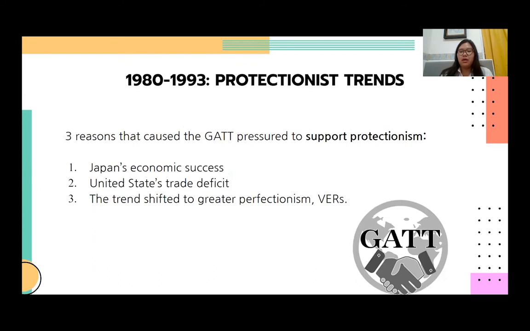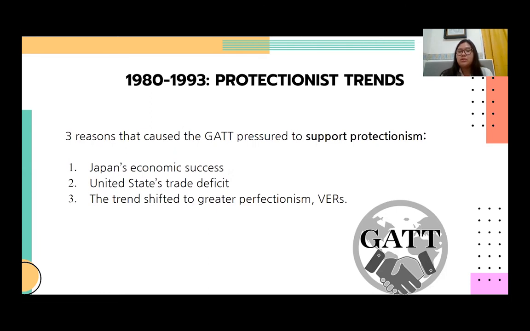During the 80s, GATT was under pressure from around the world. Countries around the world pushed it to support protectionism, and there are 3 reasons that caused it. The first one is Japan's economic success. Japan's economic success strained the world trading system, as Japan became the opposing country of the US.